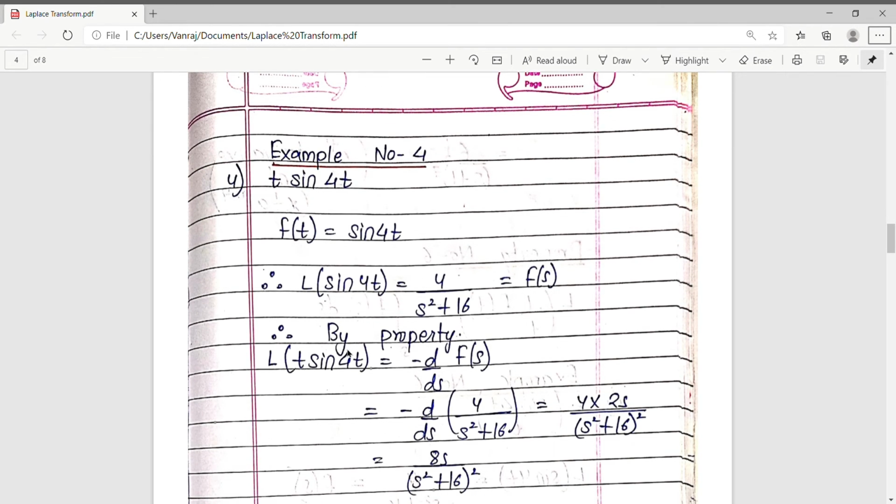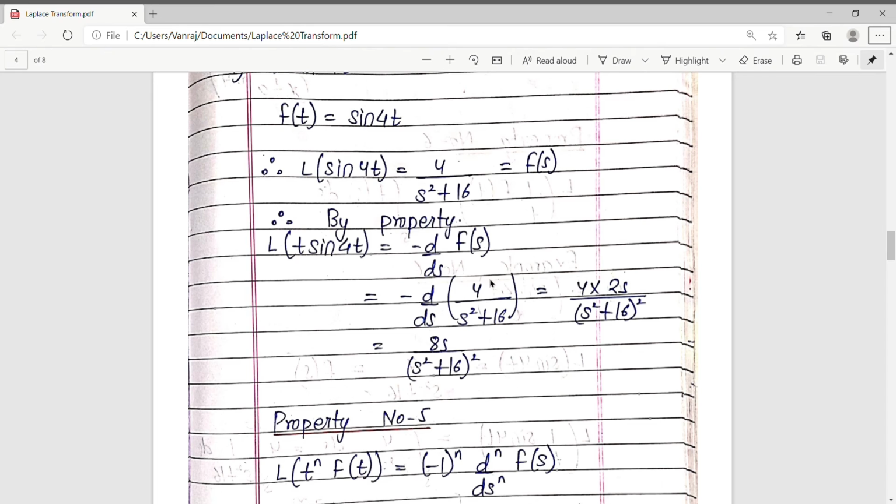Now we will simply use property number 4, which says that the Laplace transform of t times f(t) is equal to minus the derivative with respect to s of F(s). Our F(s) is 4 upon s square plus 16, so we write minus the derivative of 4 upon s square plus 16. We know the derivative of 1 upon x is minus 1 upon x square.